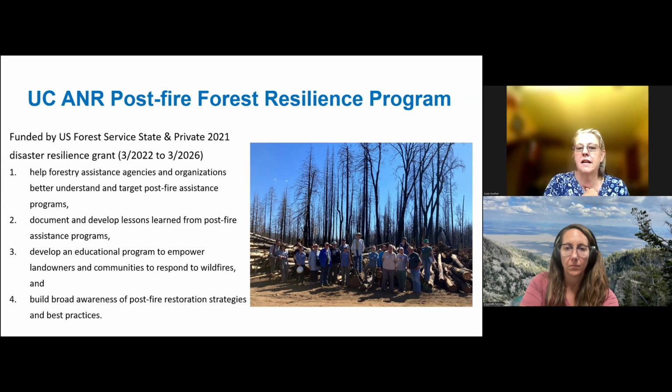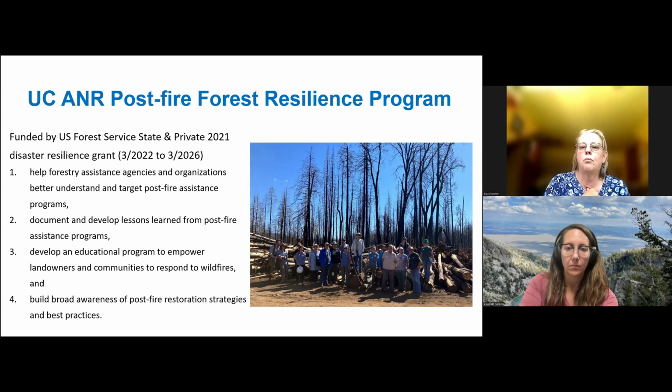So funding, as I said, from both this disaster resilience grant and CAL FIRE went into formation of emergency forest restoration teams that were spread out specifically across the landscape from fires from 2019 to 21. The 3 pilot programs were following the Caldor fire, the Tamarack fire, and the Dixie fire.